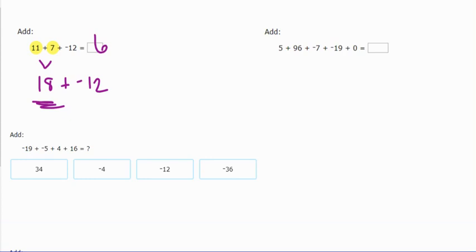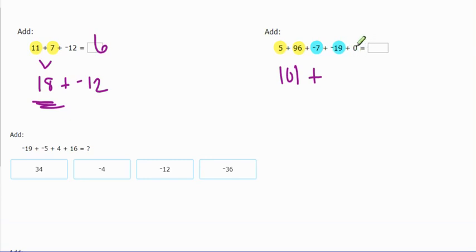Next, I have 5 plus 96 plus negative 7 plus negative 19 plus 0. So let's combine our positives and negatives. So I have my positives here. I have 5 plus 96 is 101. And I'm combining that with a negative 7 and a negative 19.